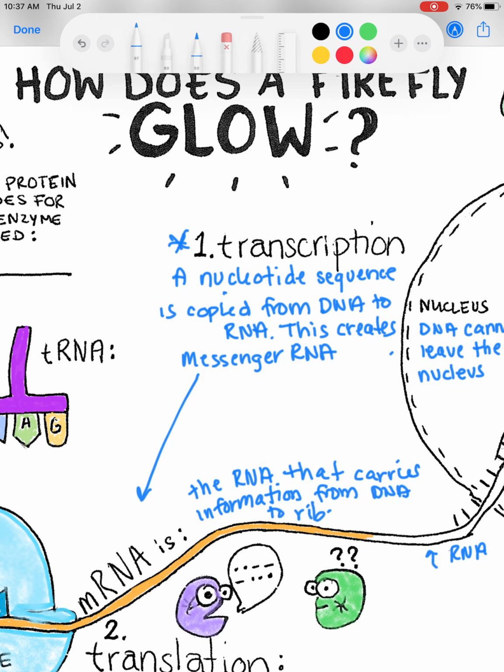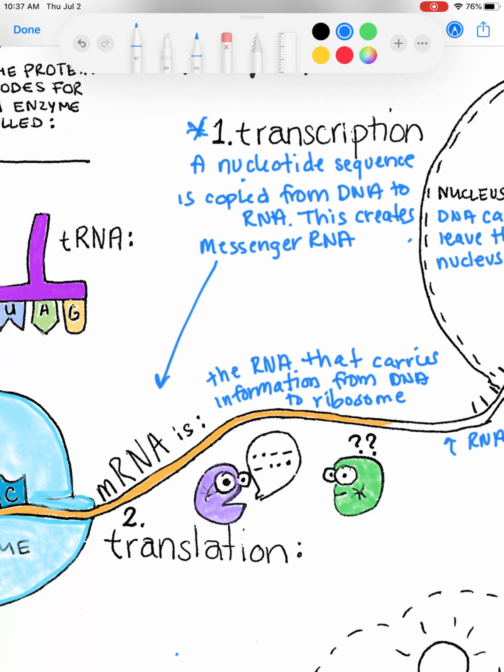So the ribosome is what takes these instructions and turns it into a usable product. So think of it like blueprints. The messenger RNA is taking the blueprints from the original shop, the DNA, taking it to the ribosome, saying, here you go, this is what we need to build.